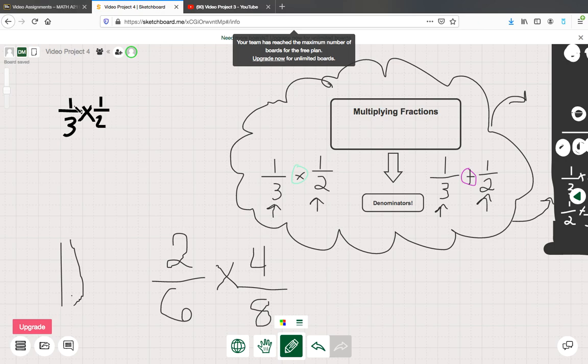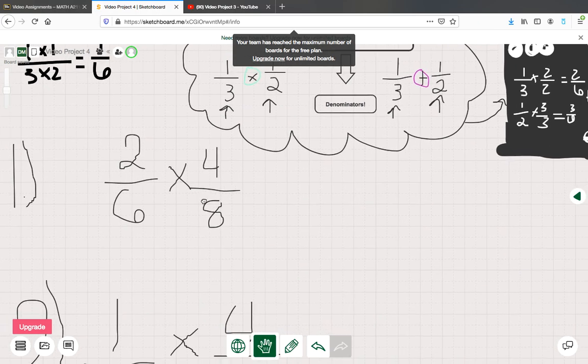We could do it 1 times 1, 3 times 2, or we could make this simpler and more visually pleasing. 1 times 1 over 3 times 2, which equals 1 over 6.